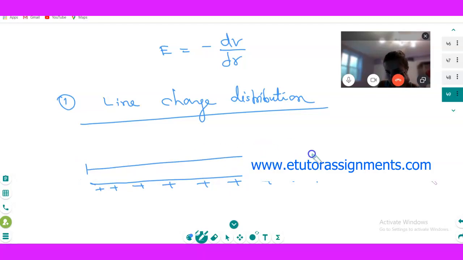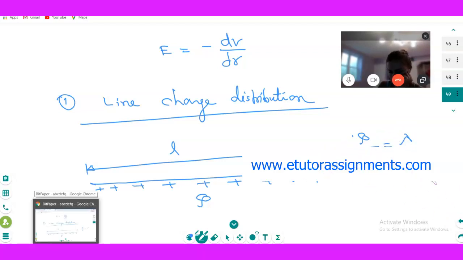Suppose the wire length is L and total charge is Q. What is the charge per unit length? Lambda equals Q by L. That is called charge distribution per unit length, or charge density per unit length.